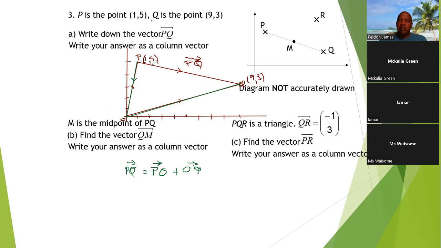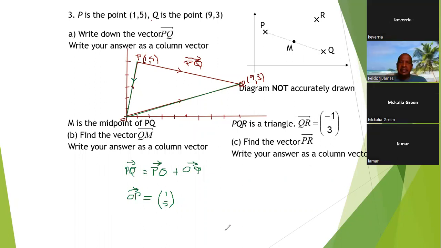Now we know that the position vector OP, the vector OP, would be equal to 1, 5. Raise your hand if you all agree with that. Guys, right?